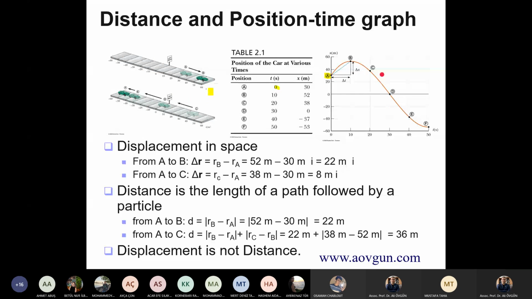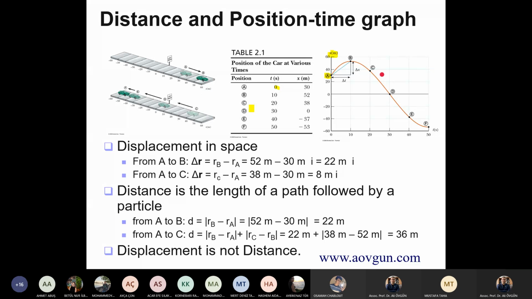You can write it xt or tx, it depends on you, but this is the xt graph. So first, on the y-axis we write the position, and on the x-axis we write the time.